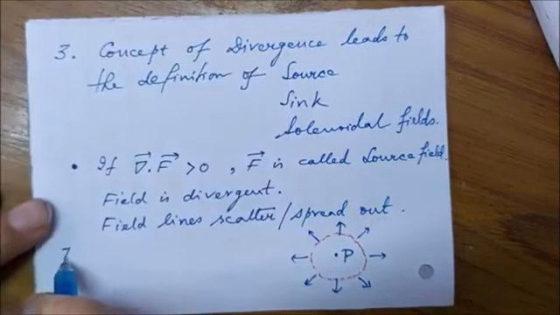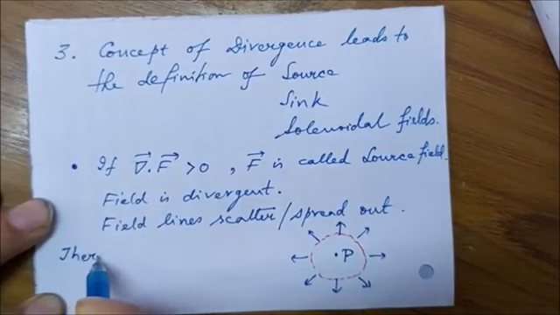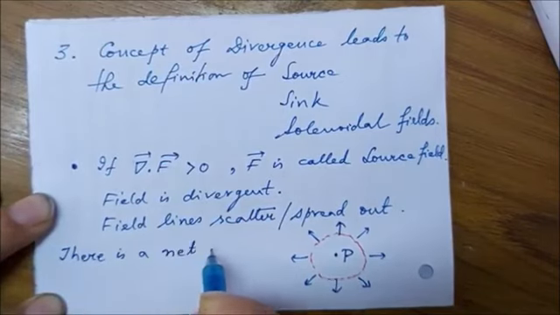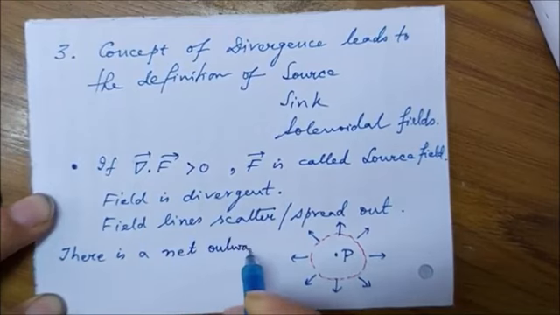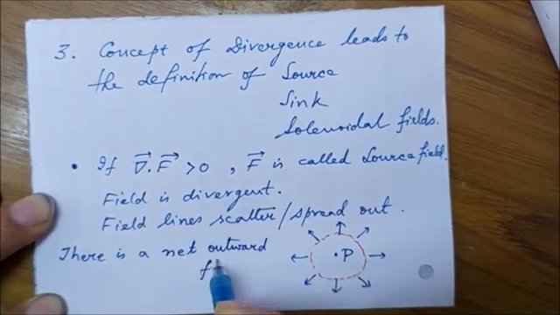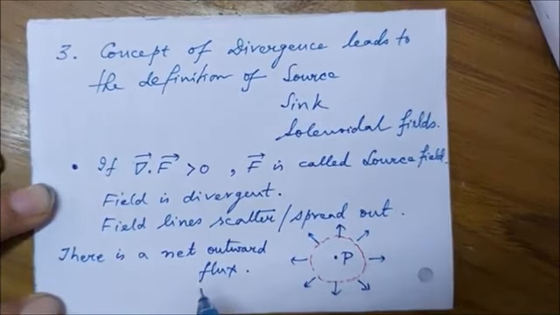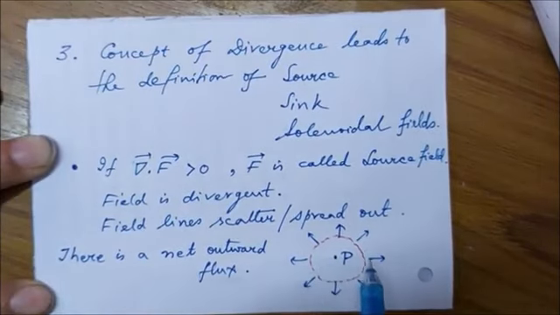So let us write, in this situation there is a net outward flux because field lines are only coming out, none is going towards P. Also we note that field lines are straight lines.